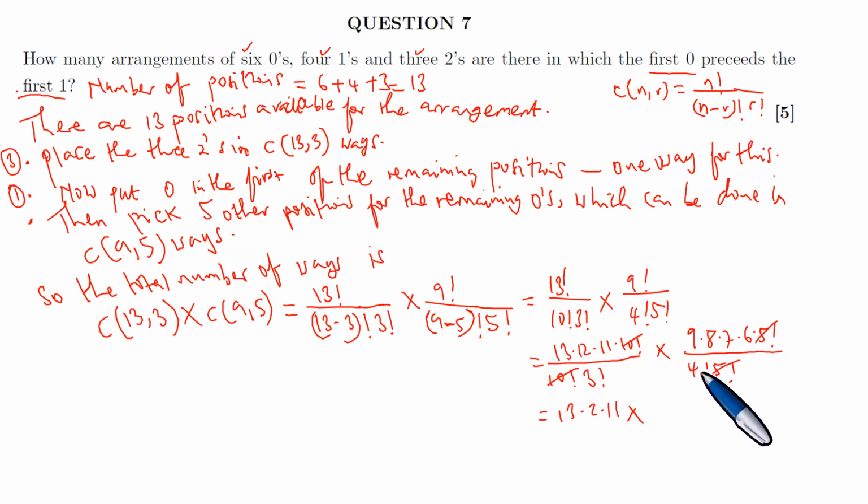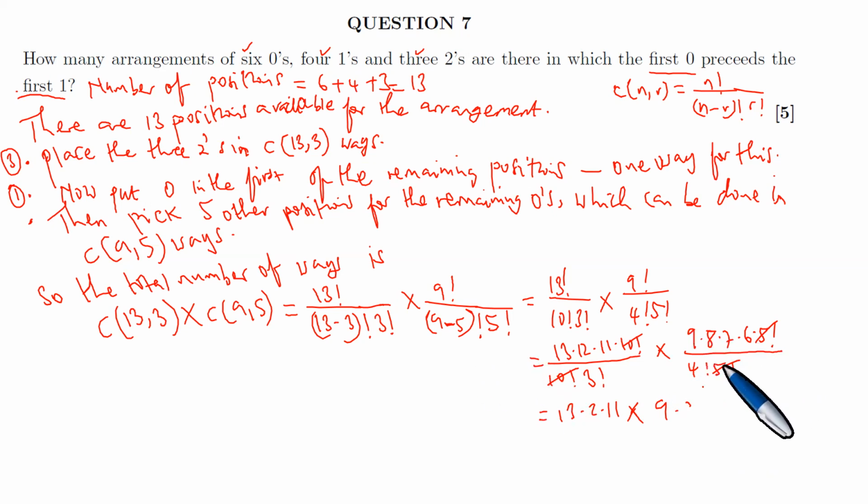And then 4 factorial is the same as 24. Can you put 24 there? Can you look at how 24 further divides the whole thing? Yeah, okay.